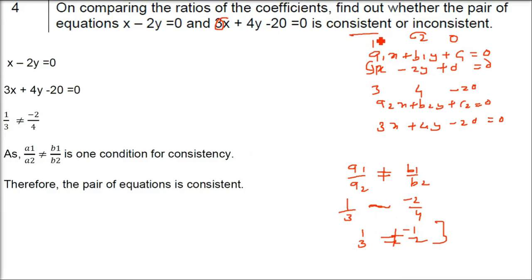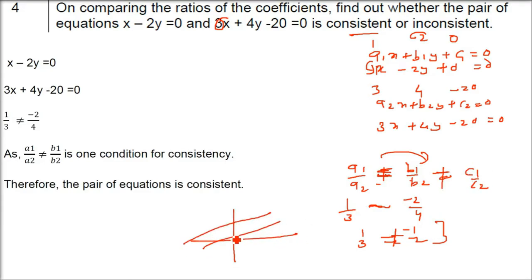But if a1 by a2 is equal to b1 by b2 and c1 by c2, they are all equal, then there will be some inconsistency, which we'll discuss later in one of the questions which is coming. If a1 by a2 equals b1 by b2 but is not equal to c1 by c2, they are parallel but not the same.